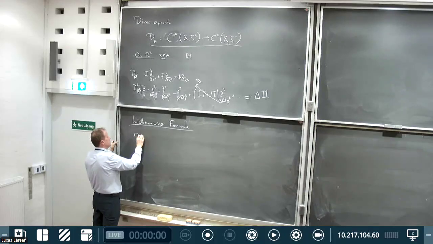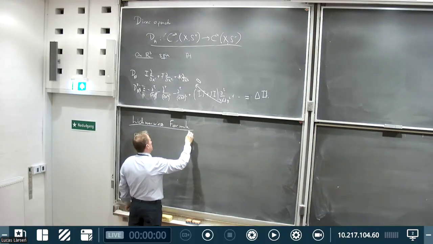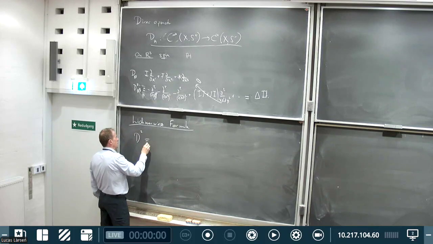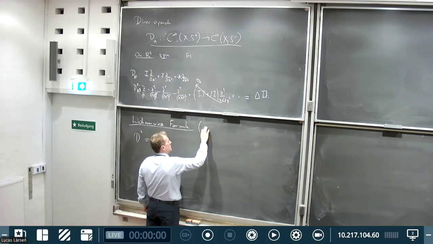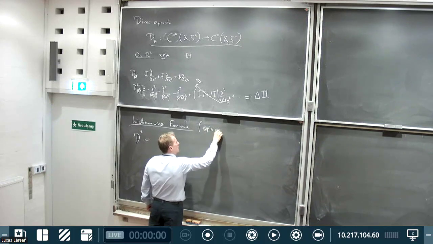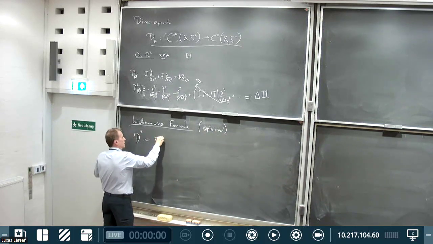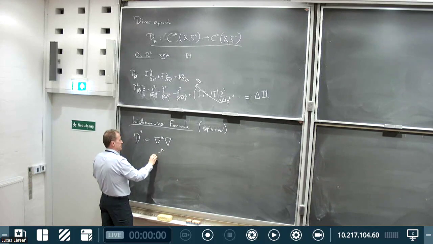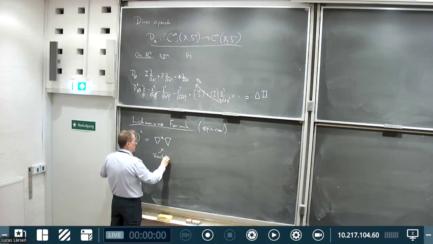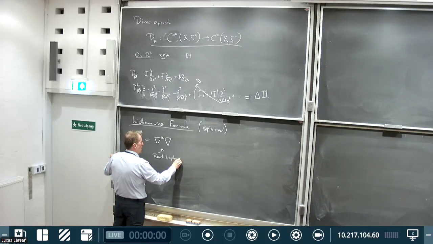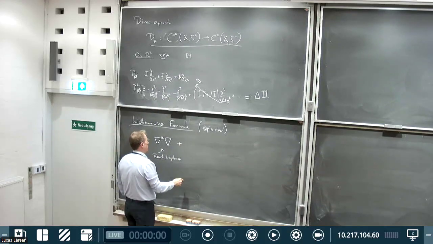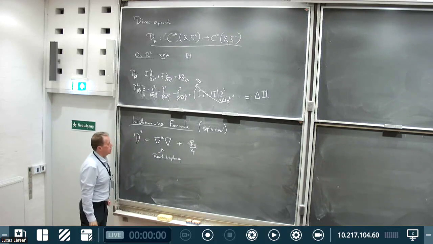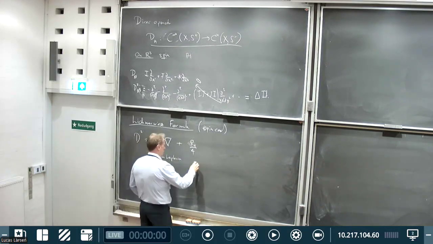If I look at the square of the Dirac operator, first in the spin case, the square of the Dirac operator is what's called a rough Laplacian or covariant Laplacian, generalizing this term, plus one quarter the scalar curvature.